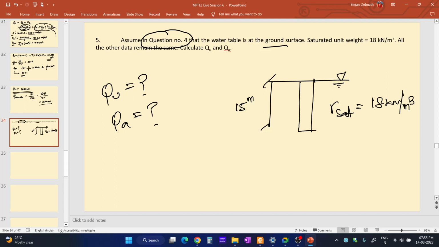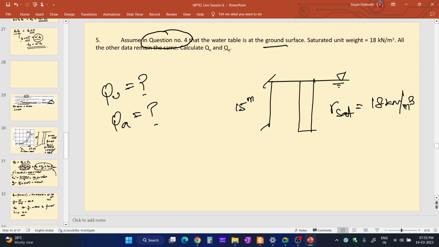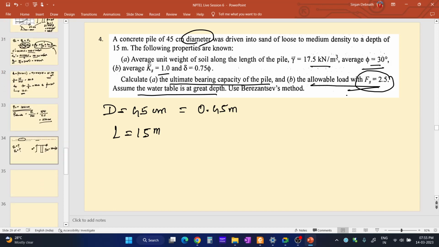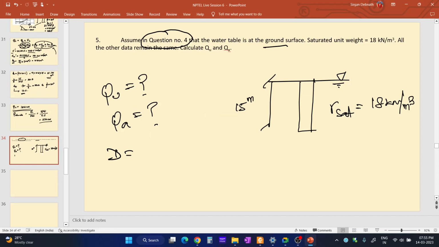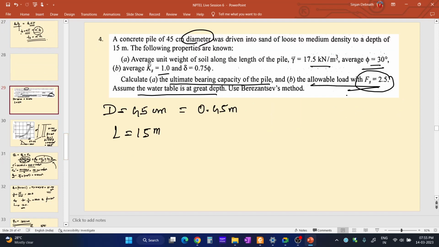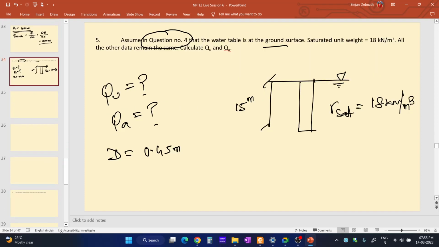So all the other data are the same. Pile dia is 45 centimeter, so dia is 0.45 meter. K is equal to 1, that is the lateral earth pressure coefficient is 1.